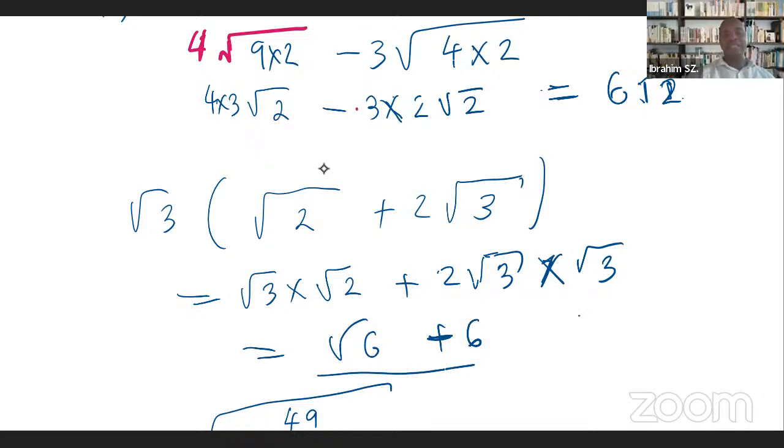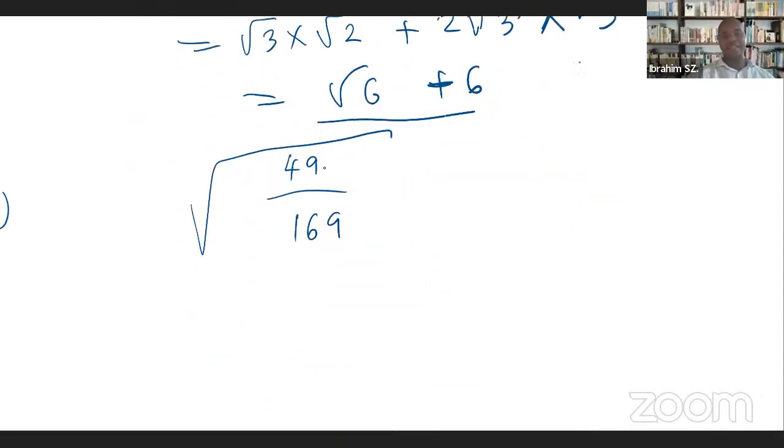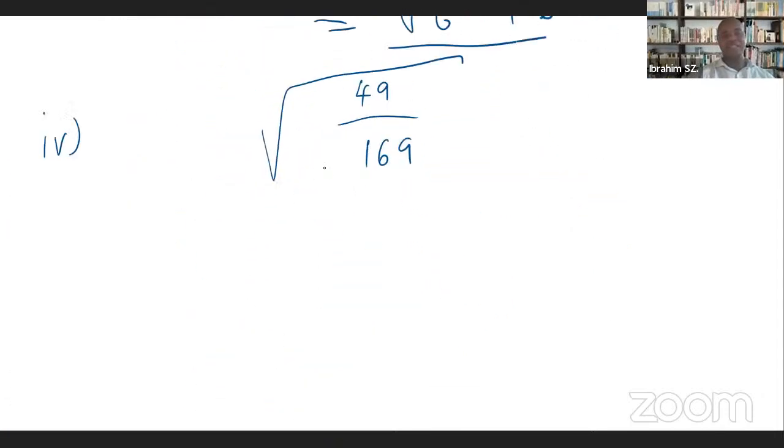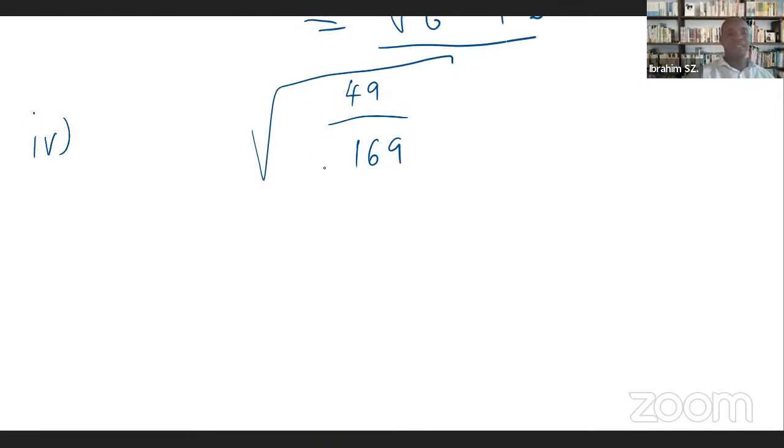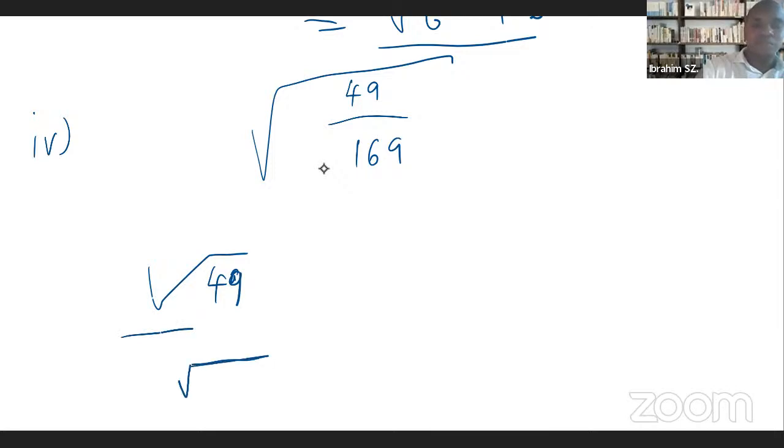We go to the last example for today's session. We have a kind of division actually. So square root of 49 divided by square root of 169.